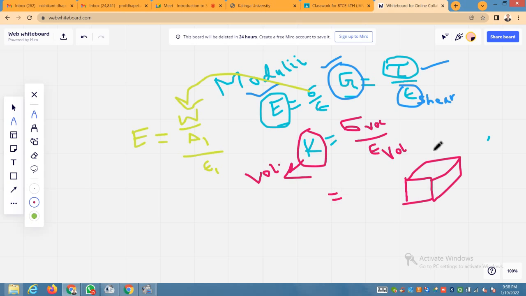You all know very well, if a load P is acting like this, then the volumetric stress will be load upon area, and volumetric strain will be change in volume upon original volume.